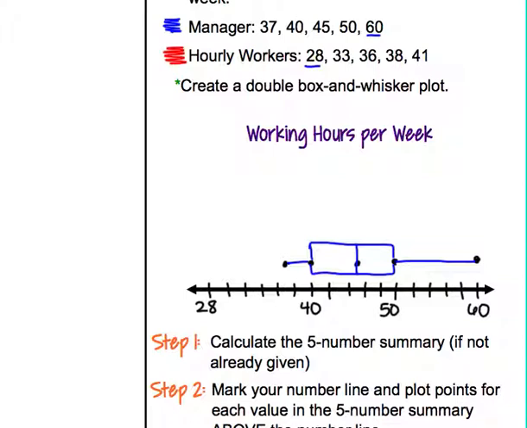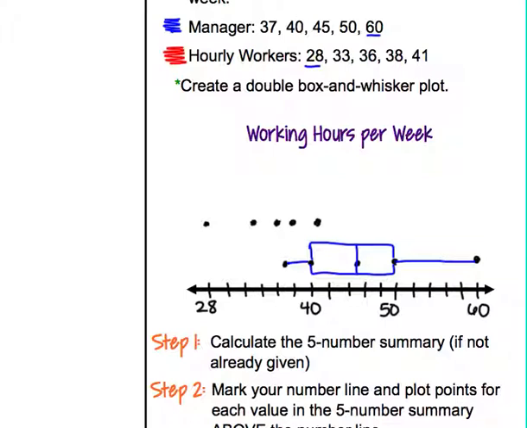Now we'll go back to plotting the points for the hourly workers. I'm going to plot it up even higher. So we have 28, and then we've got 33, so 30, 32, 33, and then 36, so 34, 36, and then 38, and 41.